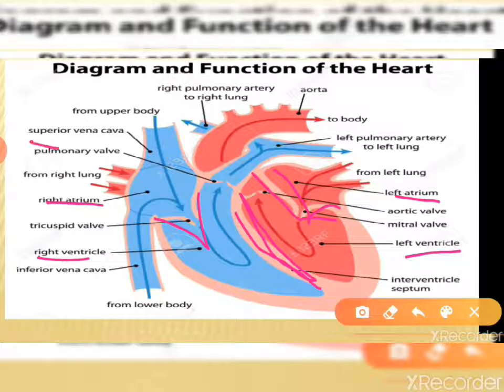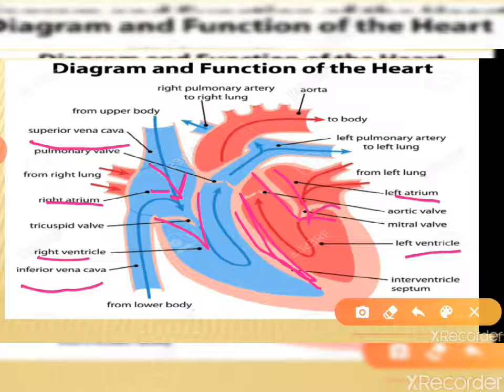Superior vena cava from the upper body part and inferior vena cava from the lower body part. Both of them drain their blood into the right atrium. When the right atrium gets completely filled with the blood, it drains the blood into the right ventricle.